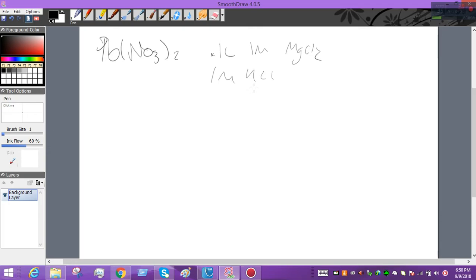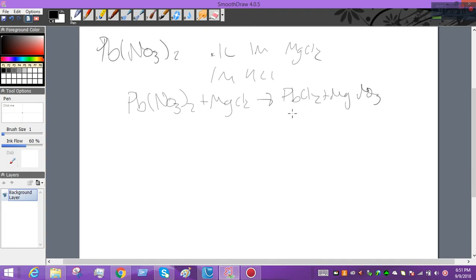And it says the compound PbCl2 precipitates. So to solve this problem, we know that if we were going to write our reactions, we've got Pb(NO3)2 plus MgCl2 gives PbCl2 plus Mg(NO3)2.